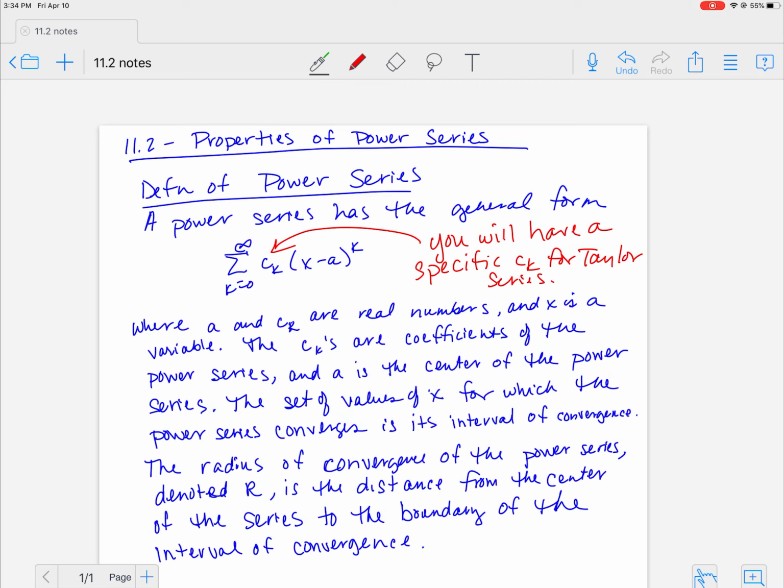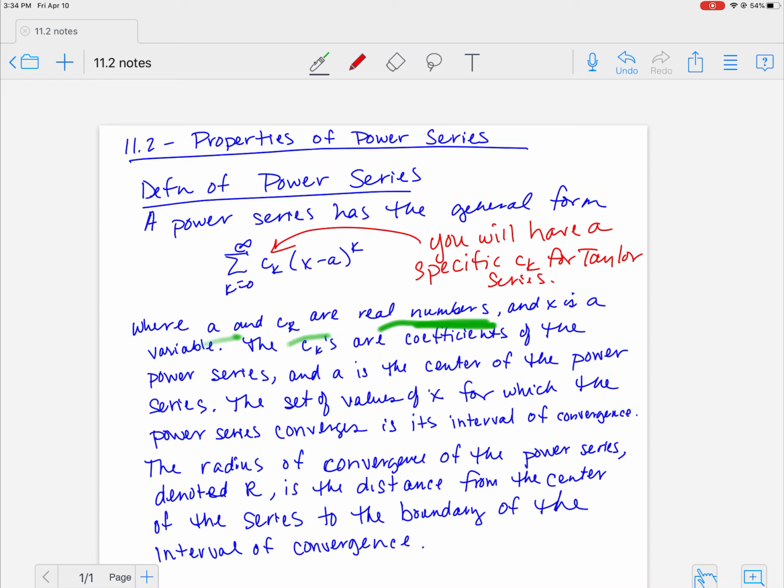Just like when we did our Taylor polynomial, we broke it into that specific value in order to make those polynomials. We had that specific formula. Well, whenever we go to Taylor series, it's going to be the same c sub k, FYI. But what we are talking about now is just generic power series, all right?